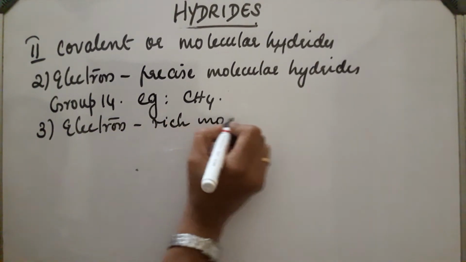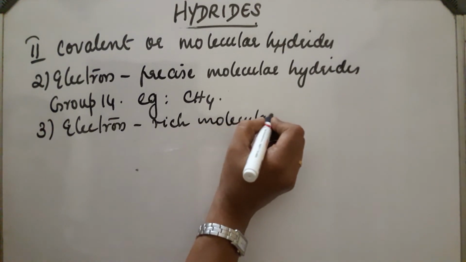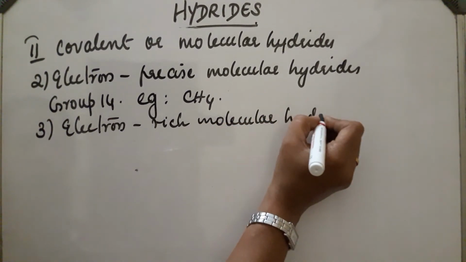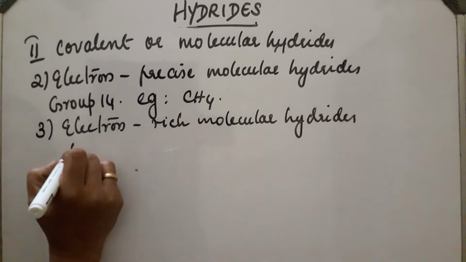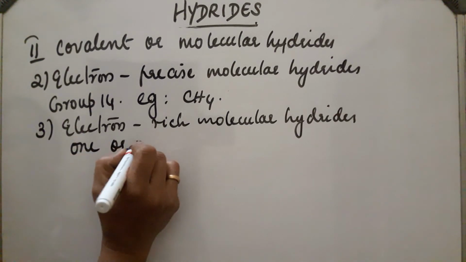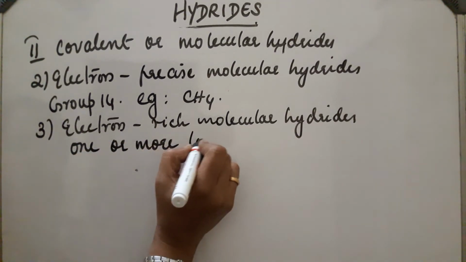Electron rich molecular hydrides. In these types of molecular hydrides, they contain more electrons than required for writing the conventional Lewis structure. Okay, and these have excess electrons, which contain one or more lone pairs of electrons.